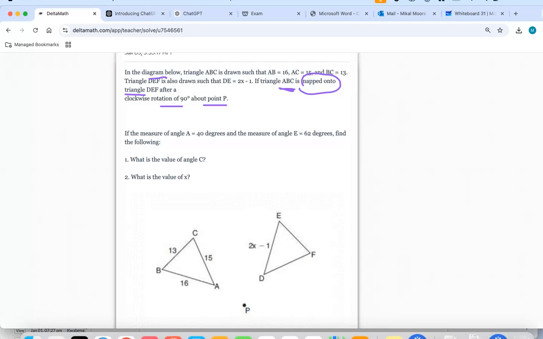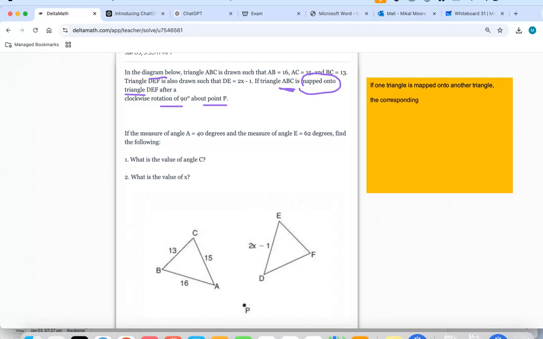What does that mean? Let's take some notes. If one triangle is mapped onto another triangle, the corresponding angles and sides must be congruent.